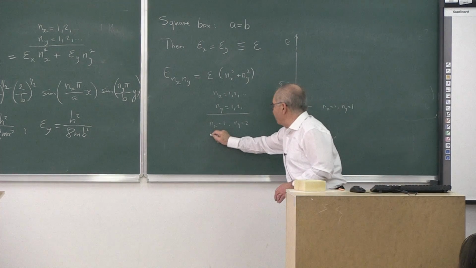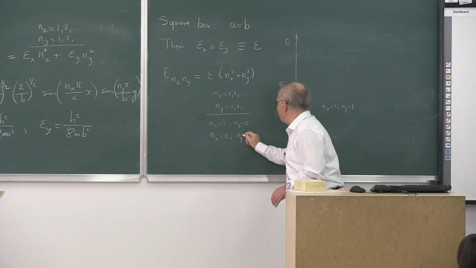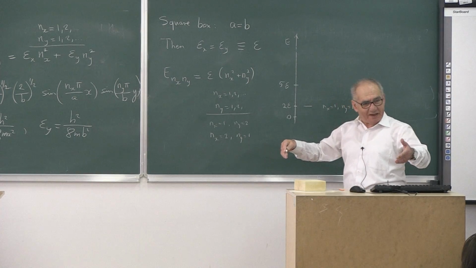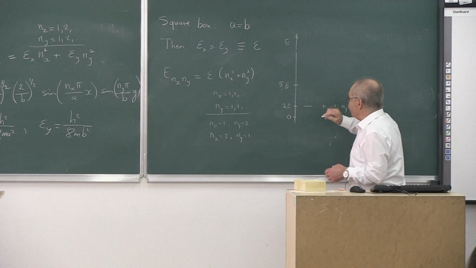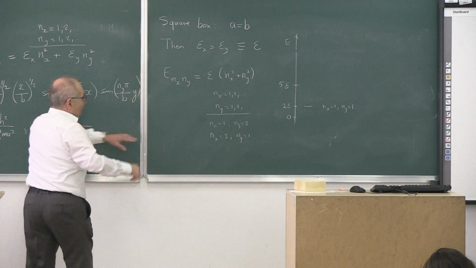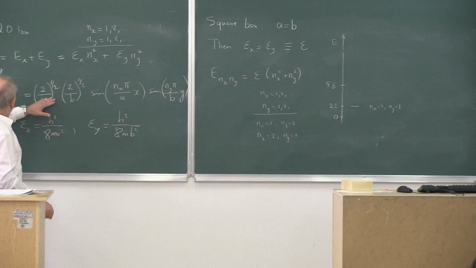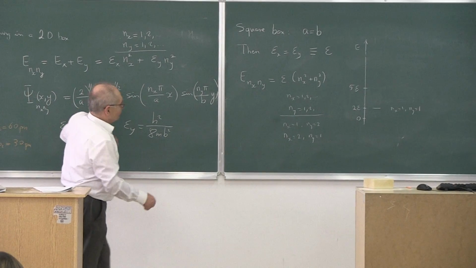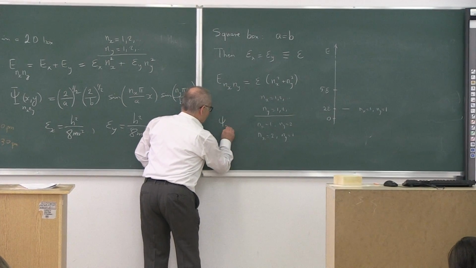But we could also select nx to be 2 and ny to be 1. And we are going to obtain the same number, isn't it? Now, for the first selection, the total state function is psi 2, 1.